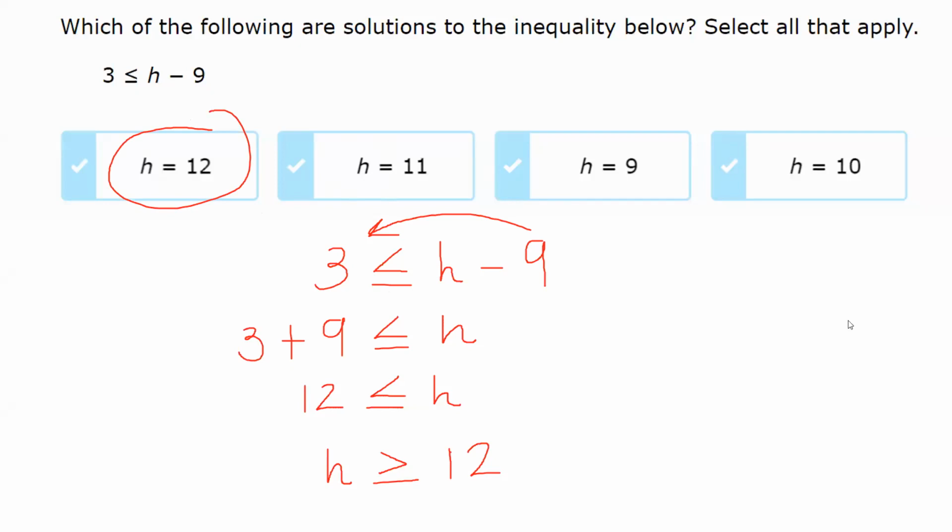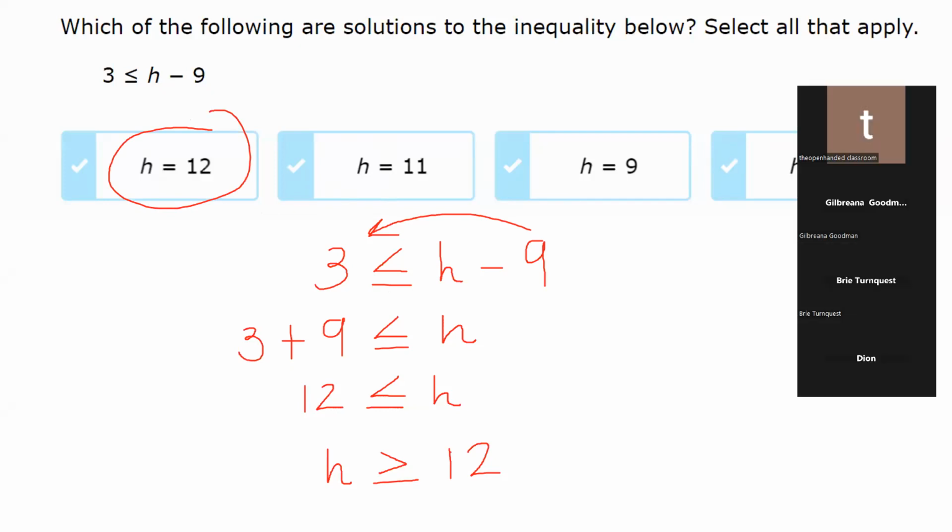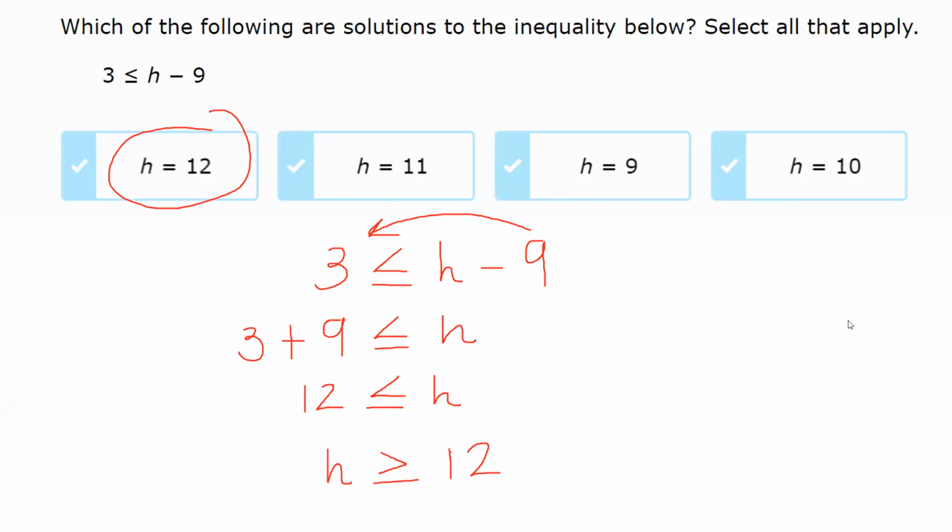Okay. Tegan, do you understand this? Yes, sir. And Joseph, do you understand this? Yes, sir. Explain how we got our answer.